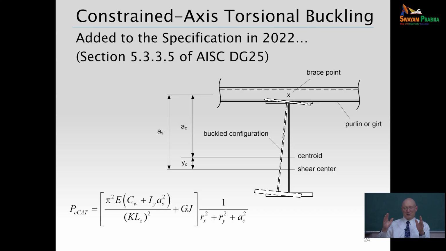So if you have clips to a purlin and a flange diagonal down to the inside flange at two locations, those are brace points. But now they leave out the flange diagonals for several purlins in between. So your KLz is the distance between where the flange diagonals are coming in and you're preventing twist.